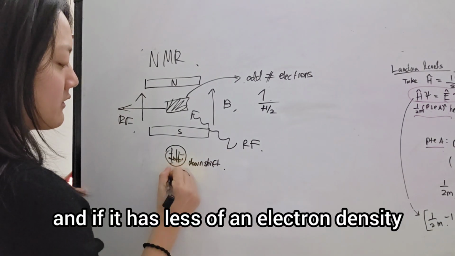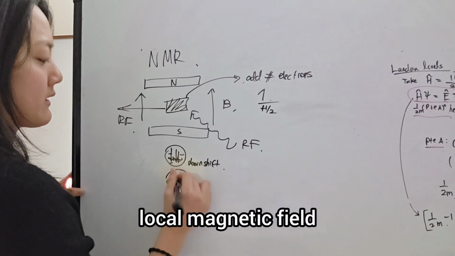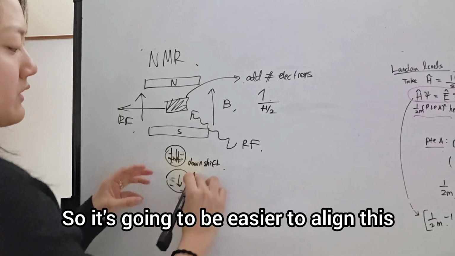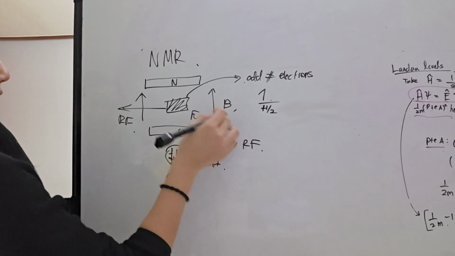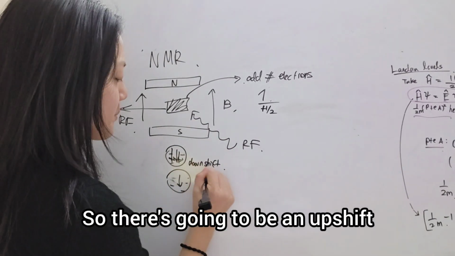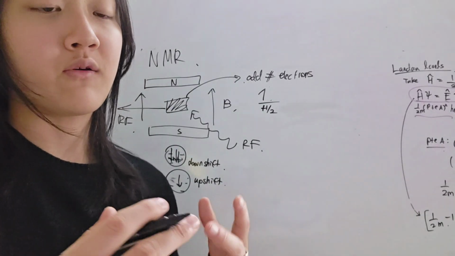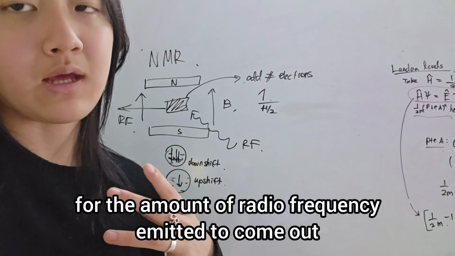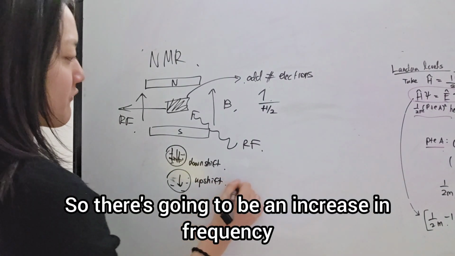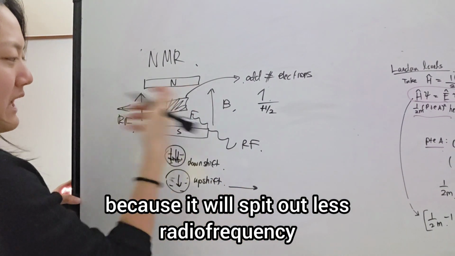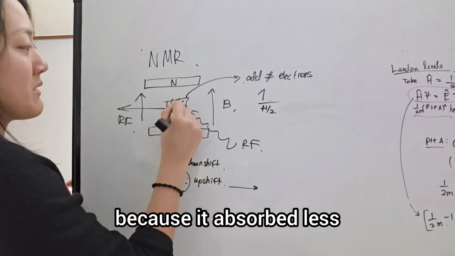And if it has less of an electron density, then it has a weaker local magnetic field. So it's going to be easier to align this stubborn magnet with the external magnetic field. So there's going to be an upshift, meaning it's going to be easier for the radio frequency to come out. There's going to be an increase in frequency because it will spit out more radio frequency, because it absorbed less.